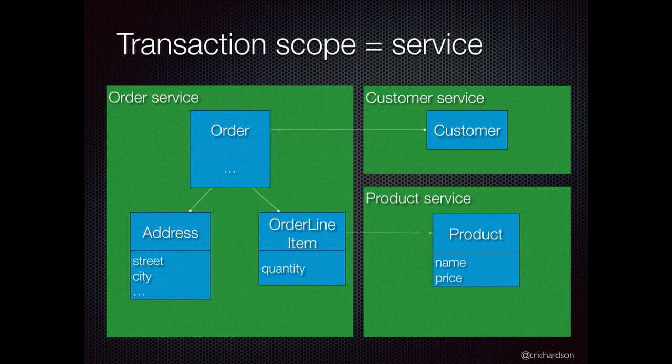But then when you look at what happens in a microservice architecture where you cannot use distributed transactions and you have to limit the scope of a transaction to fit within a service, this rule means that if you think of a service as containing one or more aggregates, then the rule that says a transaction can only create or update a single aggregate will guarantee that the transaction fits within a service boundary.